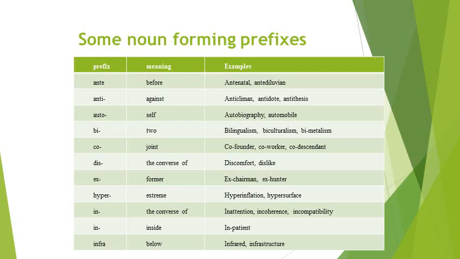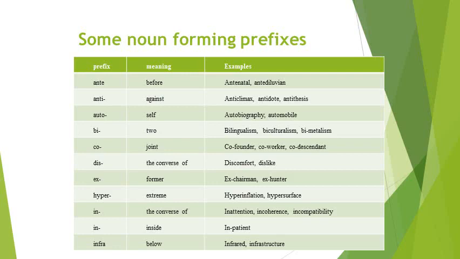Rather, they indicate tense, number in verbs, possession in nouns, and degree in adjectives and adverbs. So now we'll move on to consider derivational affixes, and we will start by looking at some noun-forming prefixes.